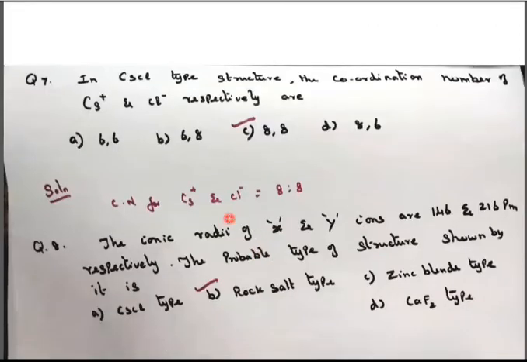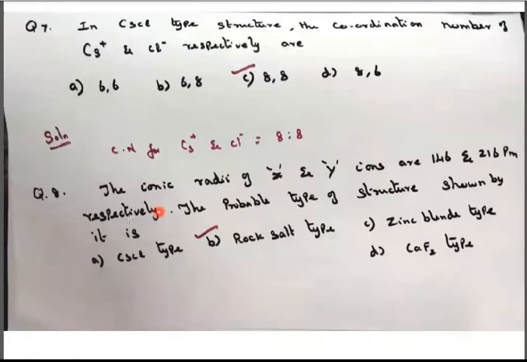At the back, let us see the table after seeing this question. The ionic radii of X and Y ions are: X is the cation with 146 and Y is the anion with 216 picometer.